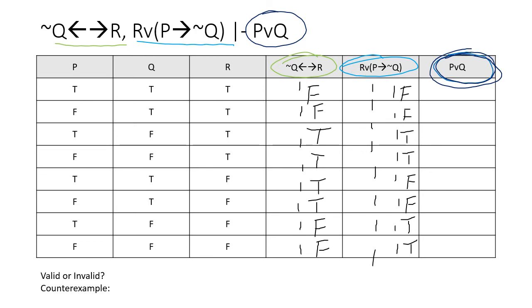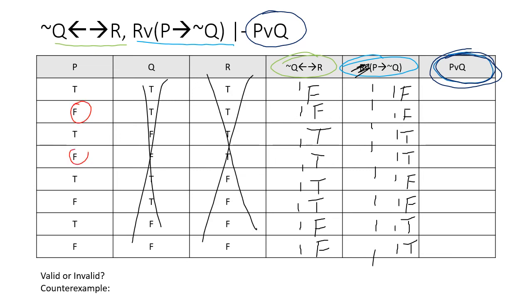Then we'll do the arrows. So we've got P as our antecedent. So wherever it's false, that arrow is going to be true. Wherever these tilde Q values are true, it's going to be true.